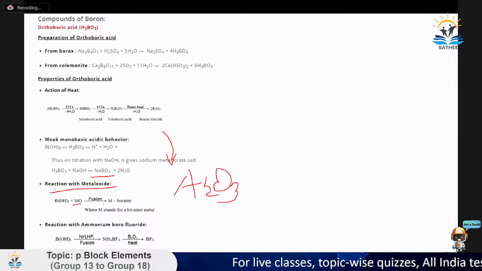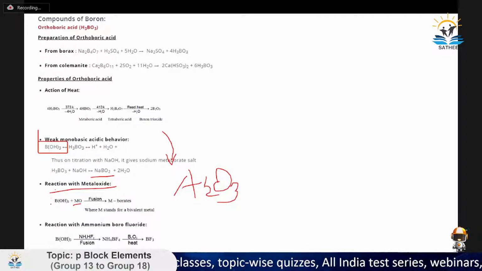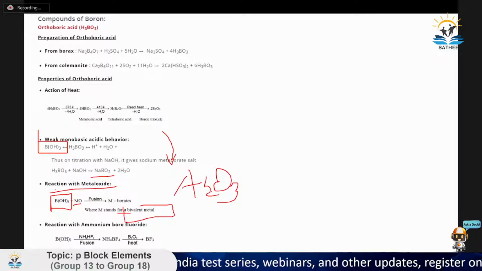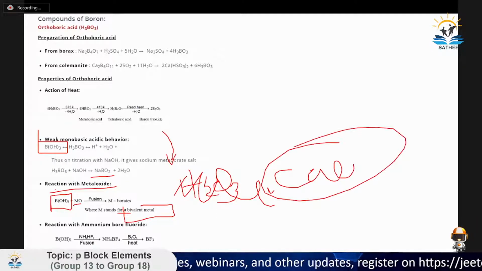Remember that this is also another version of writing boric acid. If you see this somewhere, don't get intimidated by it. It forms M borates, and M is a bivalent metal, not a trivalent. Maybe calcium oxide would be a cool example for this.